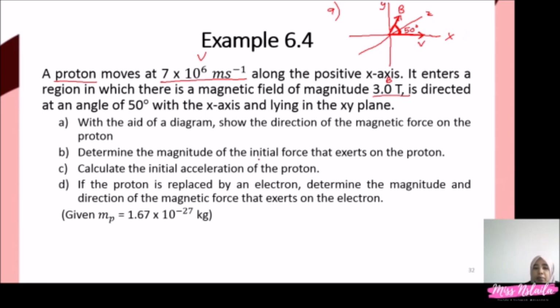Question B, determine the magnitude of initial force that exerts on the proton. So we can use the equation F equal to QVB sin theta. C, calculate the initial acceleration of the proton. So we can use the equation F equal to ma. And then for question D, if we replace the proton with electron, determine the magnitude and direction of the magnetic force that exerts on the electron.